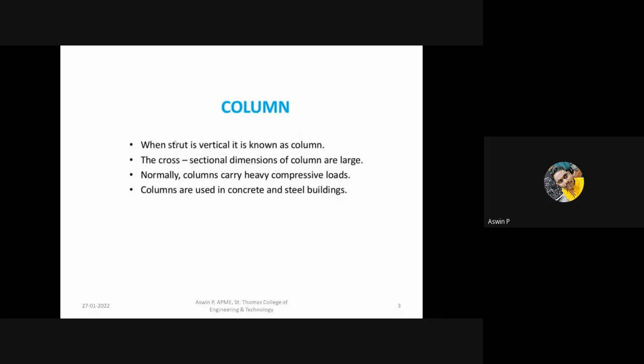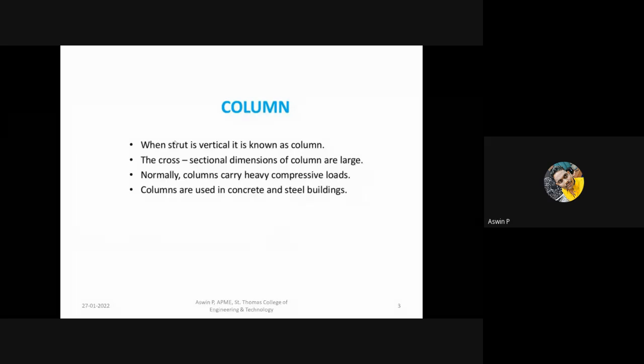Columns are provided for supporting heavy compressive load, and the cross-sectional area of a column is very large. Normally it is used in concrete and steel buildings. In every construction, the column is a very important parameter. We need to support the building on the basis of the strength of the column.